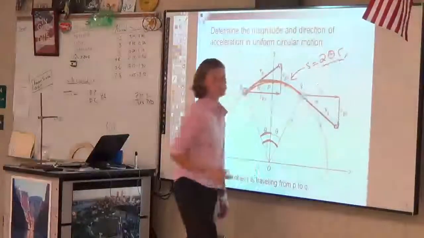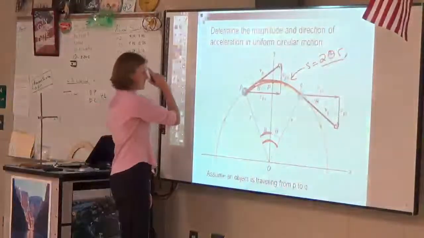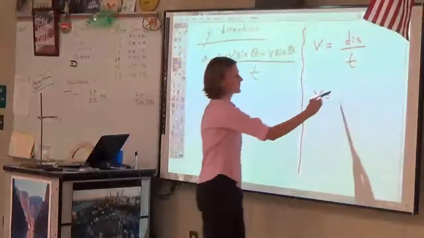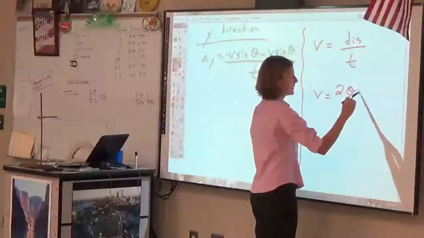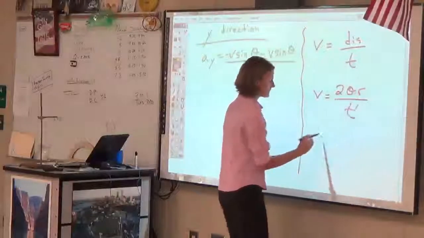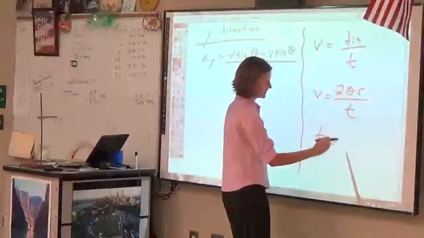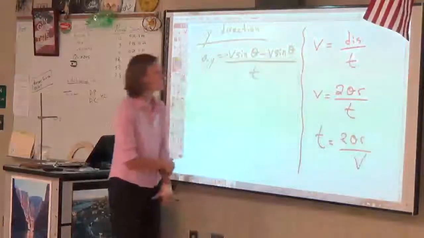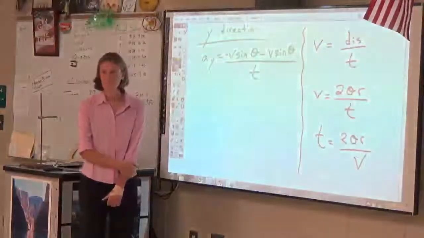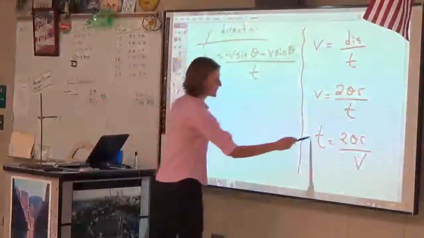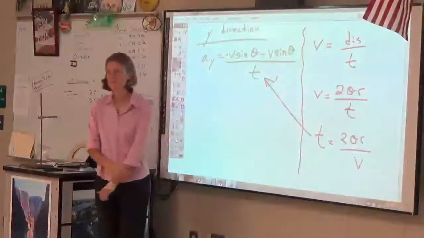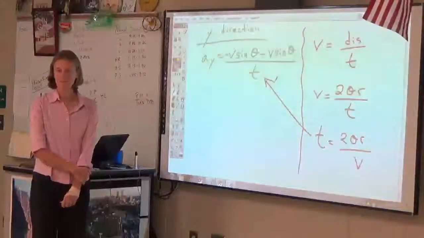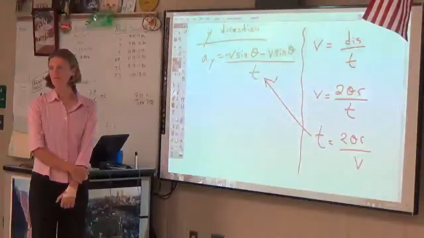Okay, so that's my distance traveled. And just swap the t and the v. Yeah, and then that's going to go over here. How are you guys doing fitting that in that little slide? Good?